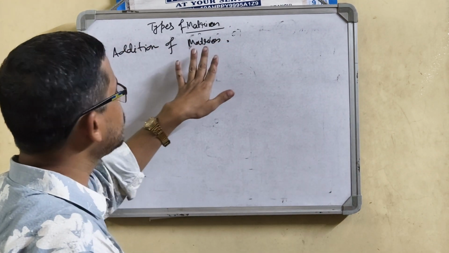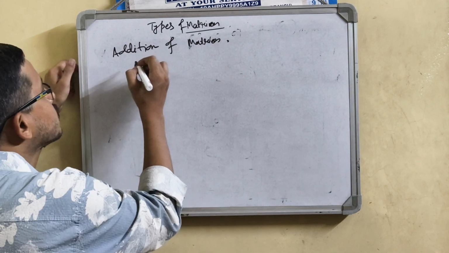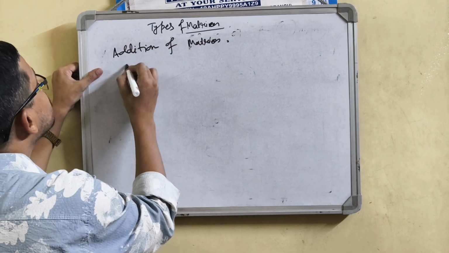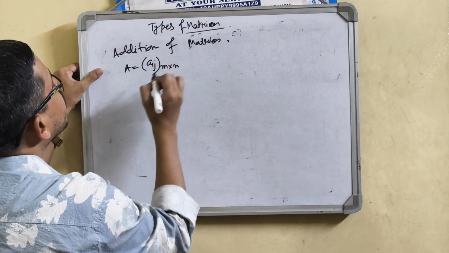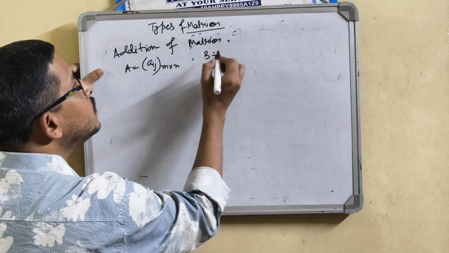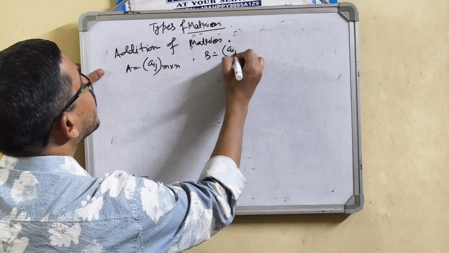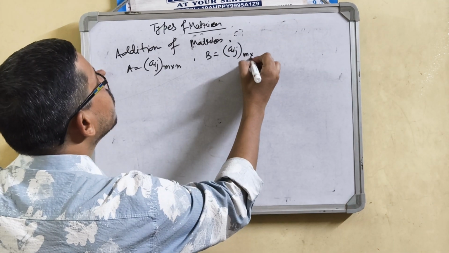Let us now discuss this topic by giving an example. Consider that A is equal to Aij of order m by n, and B is also of the same order, Bij of m by n.